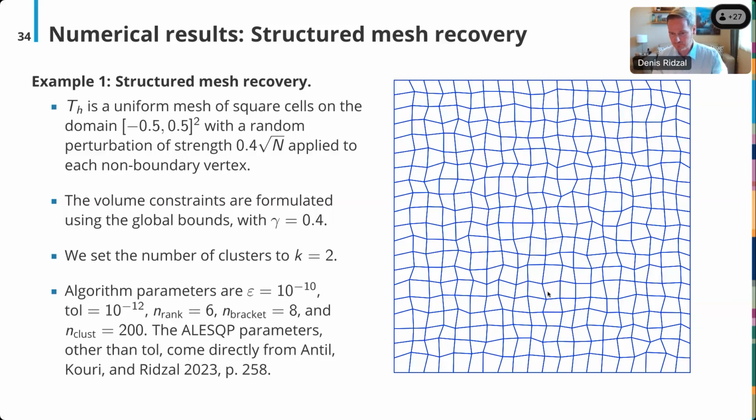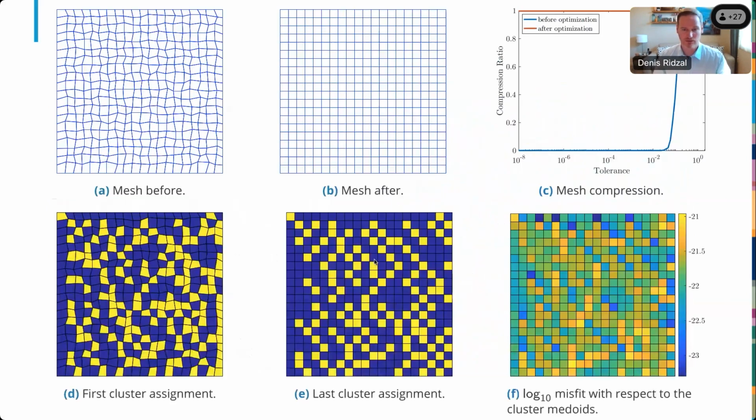All right, so here are the results. So the mesh before is given here. The mesh after, of course, is fully uniform mesh. If we can't do that, we can't do anything. Here on the bottom left, I'm showing the first cluster assignment, and next to it is the last cluster assignment.